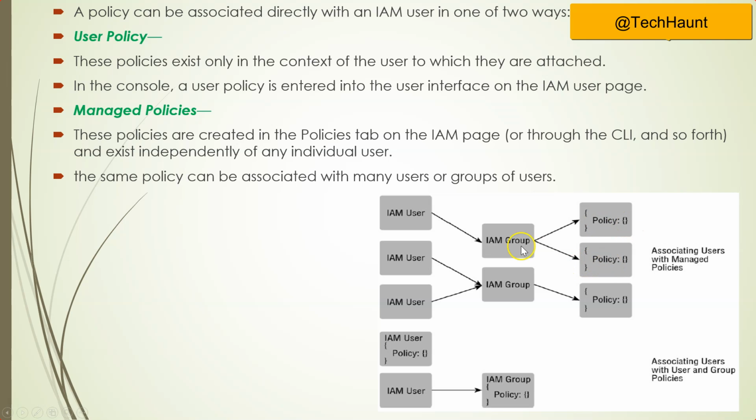We have two users, IAM user one and IAM user two. These users are associated with this group, and this group only has one policy, and here you can directly assign the user's policy to the IAM users. This is the user-defined policy, assigned directly to the IAM user instead of the IAM groups.